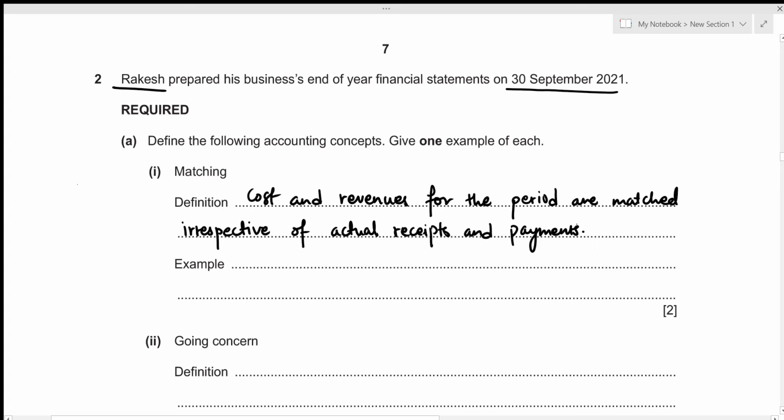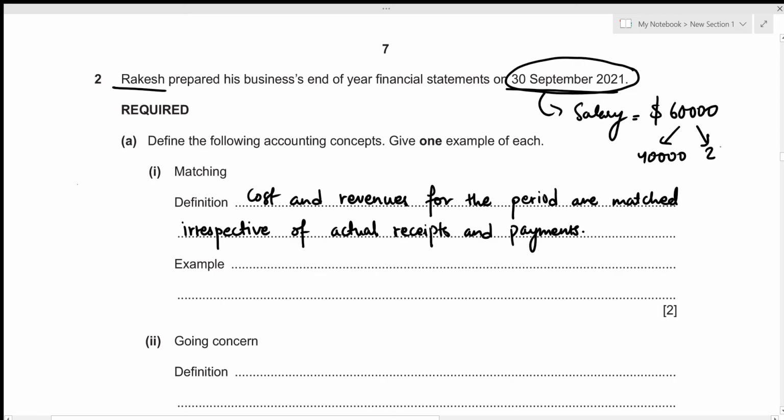So if we're talking about a financial year, let's talk about the financial year ended on 30 September 2021. And let's say that the salary expenses for this particular year, the total expenses was 60,000, but we only paid 40,000 of it, which means that 20,000 is still yet to be paid, right? So this 20,000 is the outstanding salary, which is not yet paid.